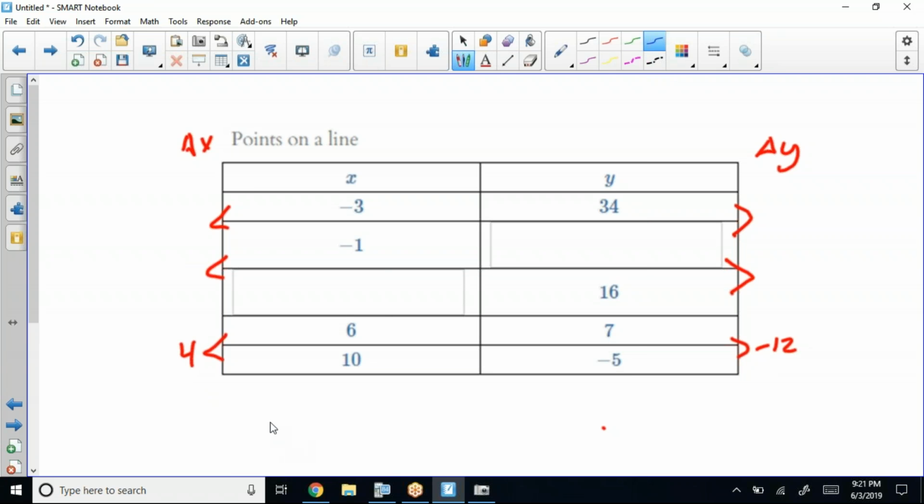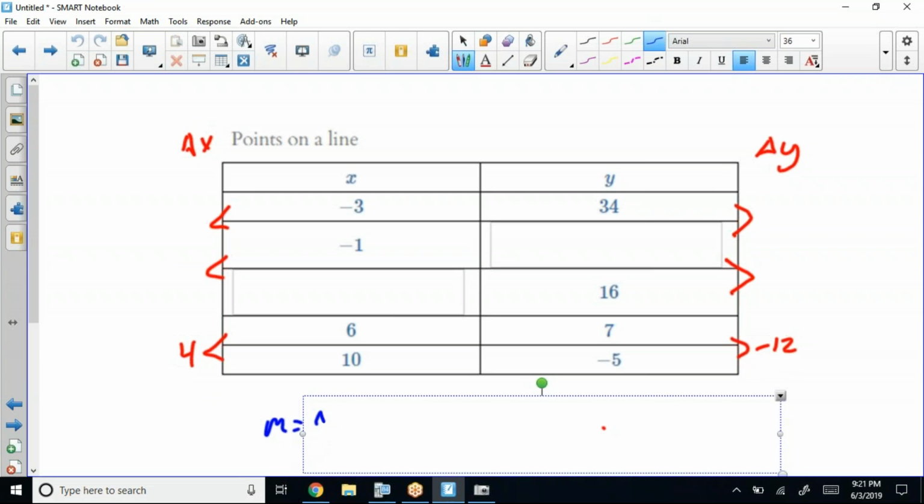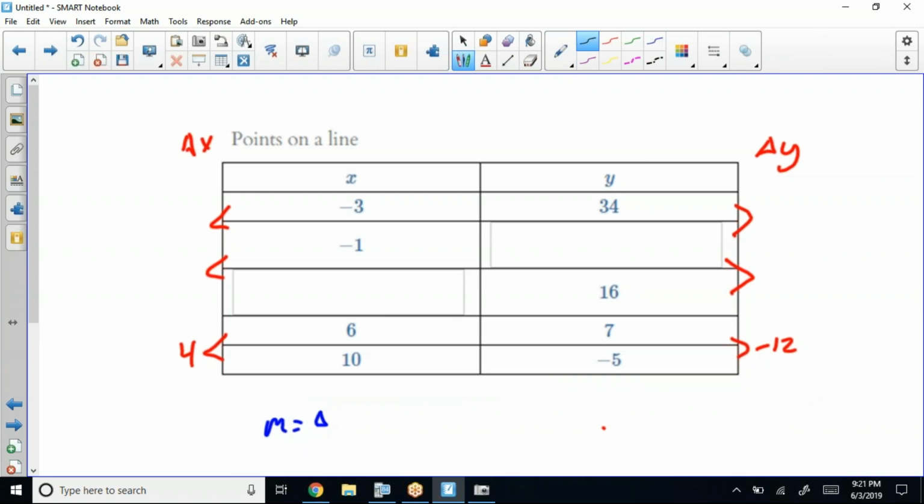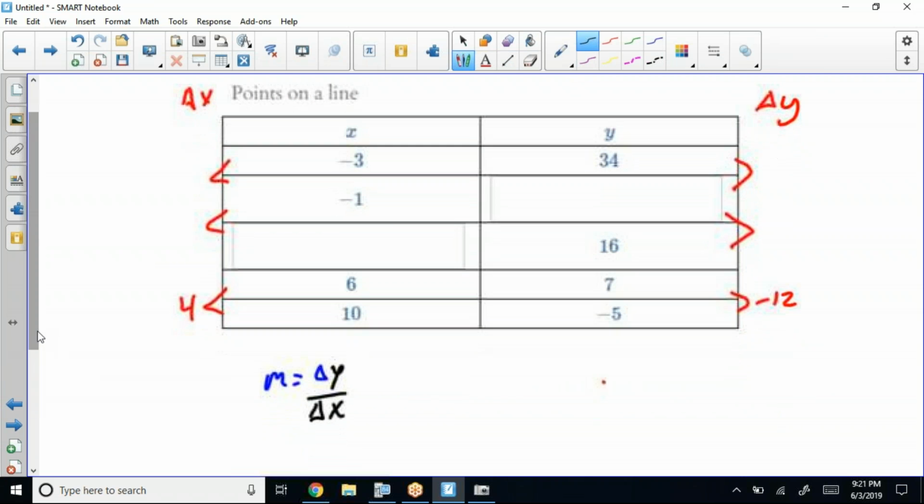Now, what we want to consider is this. Slope is changing Y over changing X. So we're looking at -12 over 4. That's my slope, but not simplified. When I simplify, it gives me back a unit rate.